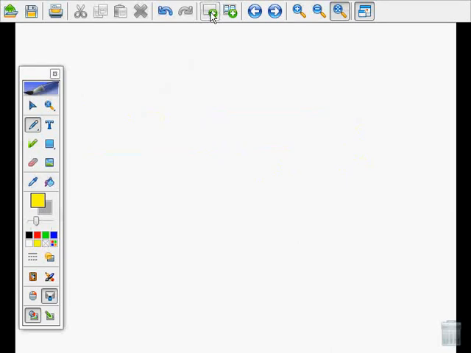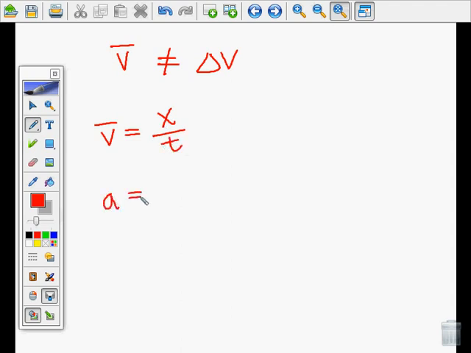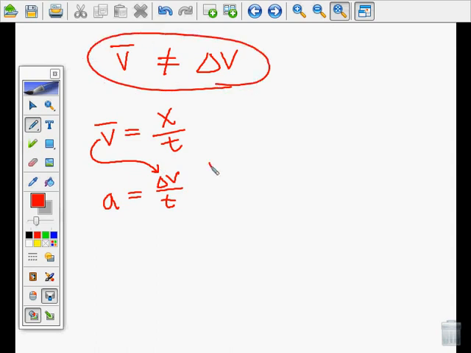So basically, average velocity does not equal change in velocity. So you can't just take average velocity equals distance over time, and then once you get that average velocity, say acceleration equals change in velocity over time, and throw that value in there. Because these 2 are not equal. So this is a big no-no.